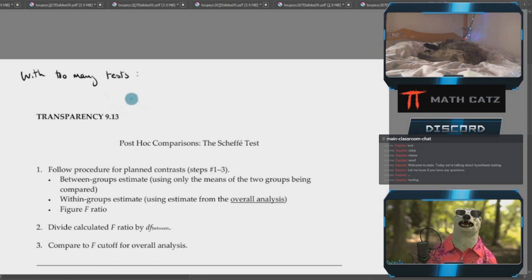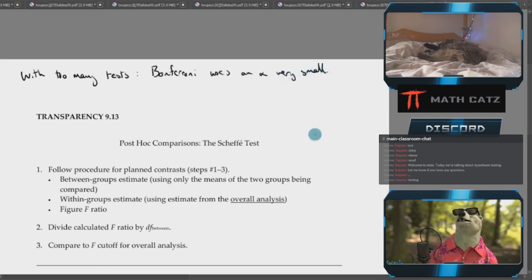It increases really quickly. Then, unfortunately, Bonferroni isn't ideal because the Bonferroni correction uses an alpha that is very small.